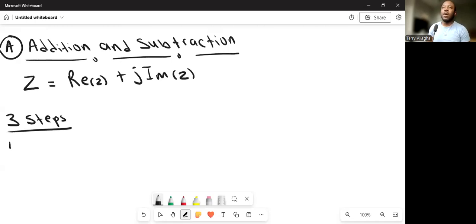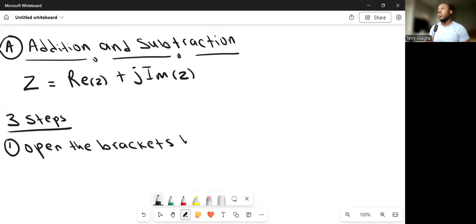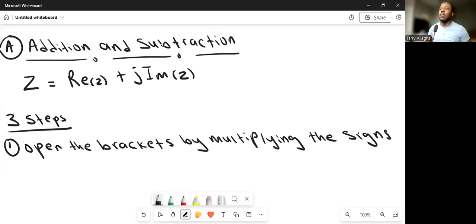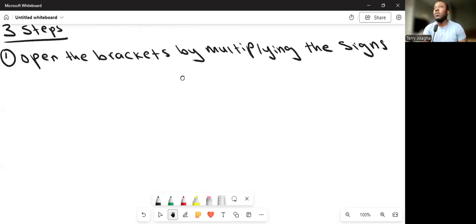When you're adding and subtracting, the first thing you do is open the brackets by multiplying the signs. Then, number 2, you collect like terms.